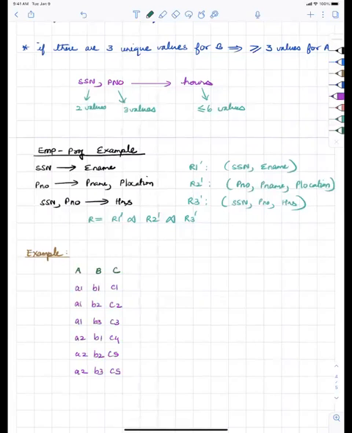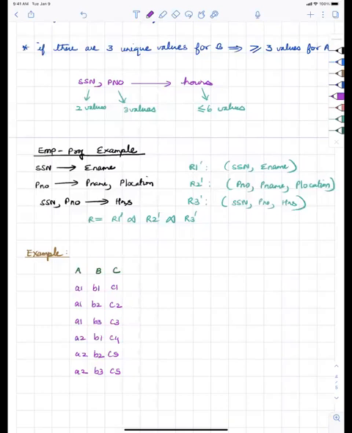Okay, so we have this table, and I want you to look at it and see if you can find out what the functional dependencies in this table are, and what the key in this table is.